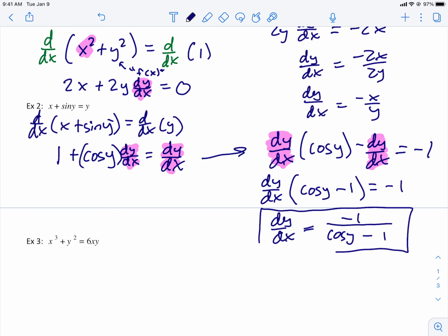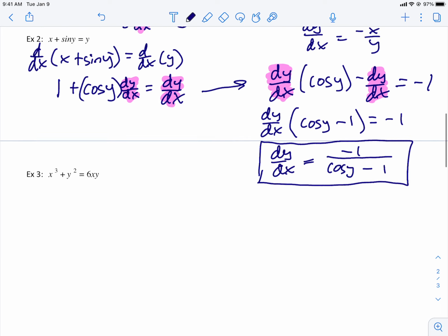So here's dy dx. Now the thing with dy dx, when you differentiate implicitly like we just did, you might end up with formulas that have y and x or just y's in there, and that's okay. So far we've only seen derivatives with x's involved, but it's okay to have dy dx written in terms of x and y, especially when you're using implicit differentiation.